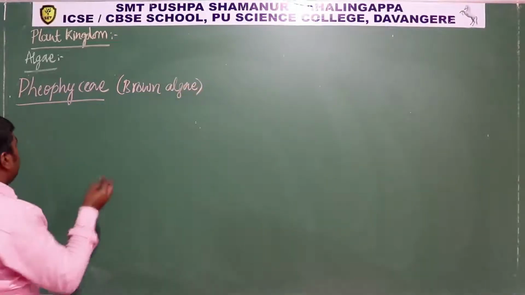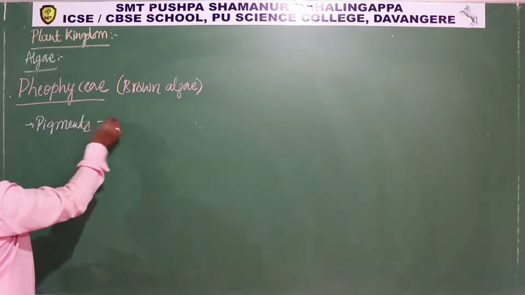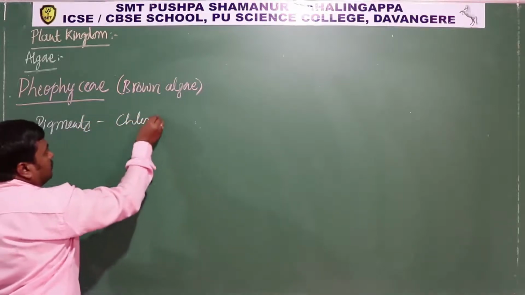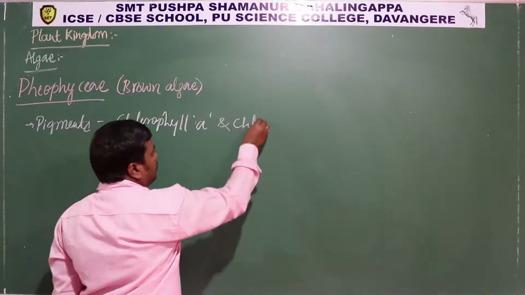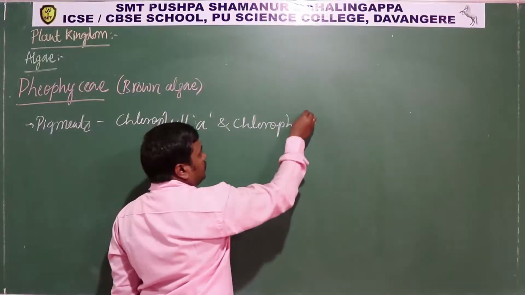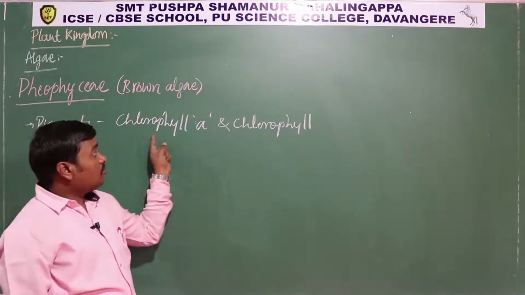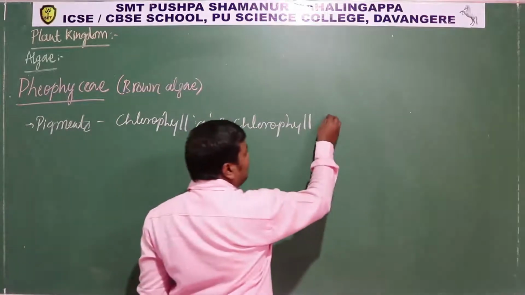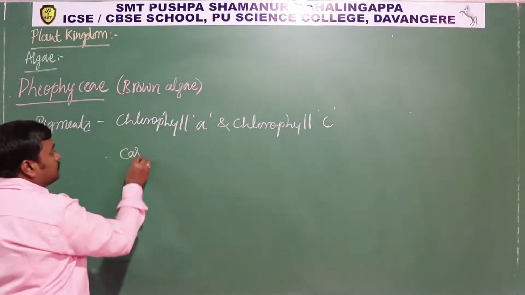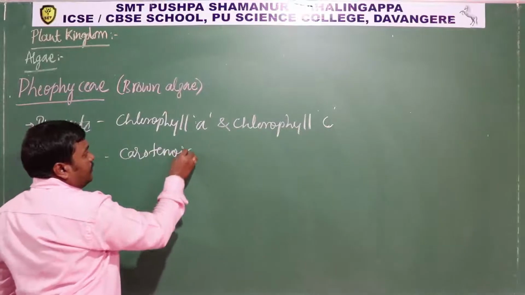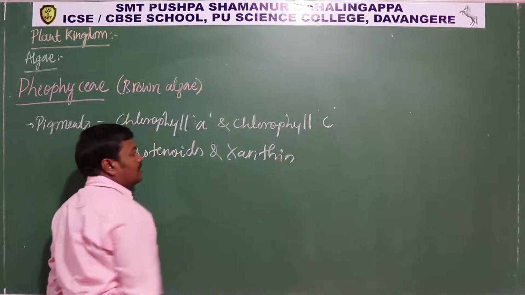The pigments present in Phaeophyceae members are chlorophyll A and chlorophyll C. In the case of Chlorophyceae members, you studied chlorophyll A and chlorophyll B. Chlorophyll A is common, and here it is chlorophyll C. Along with this, they also have carotenoids and xanthophyll, like higher plants.